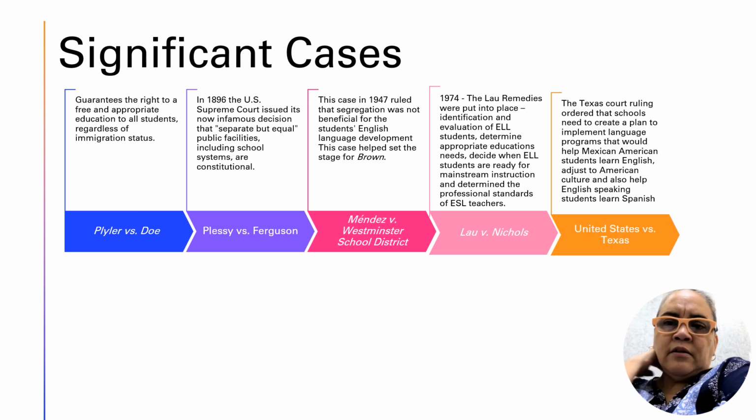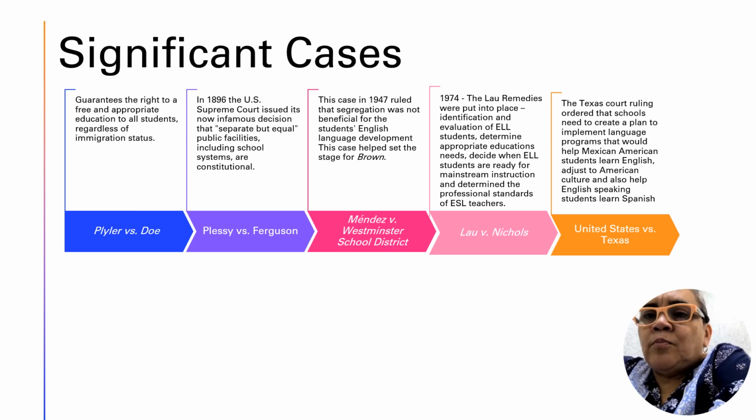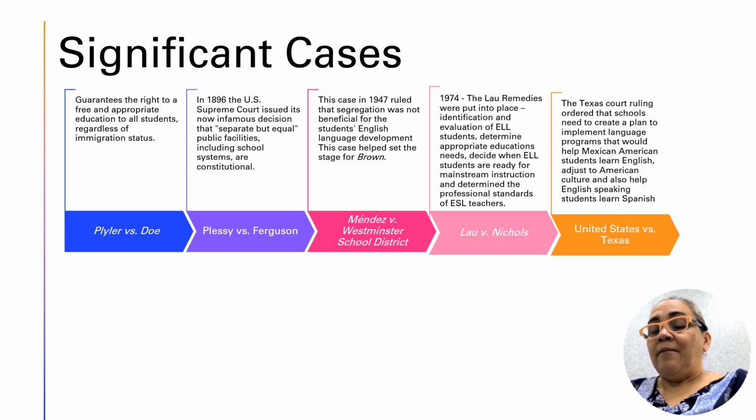One of the next rulings that really played against the ESL learners was in the 1800s, the U.S. Supreme Court issued the now infamous decision that separate but equal public facilities were constitutional, which basically meant that ESLs could be taught on a different campus away from their English speaking peers, and it was okay, it was constitutional. They were not being denied their rights, which were granted to them by Plyler versus Doe.